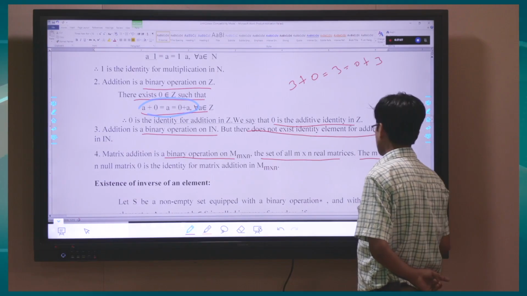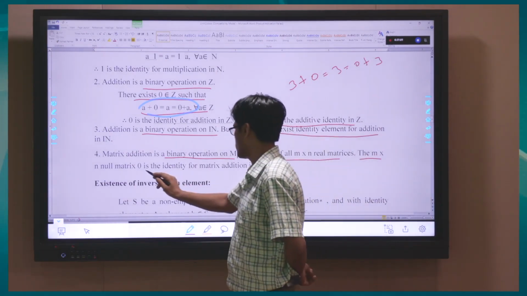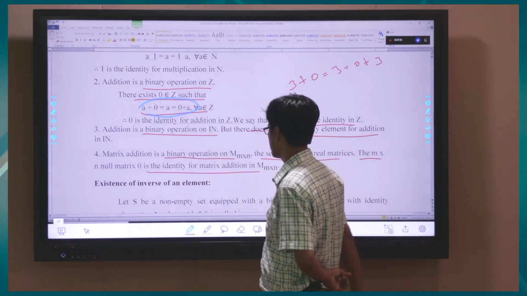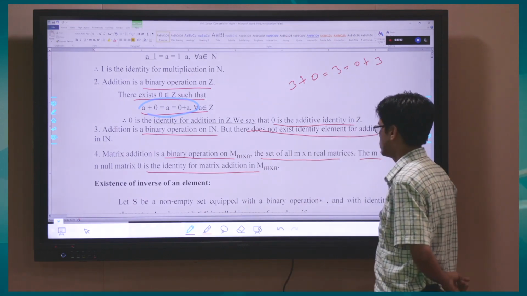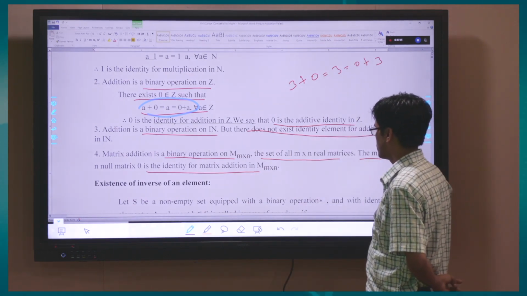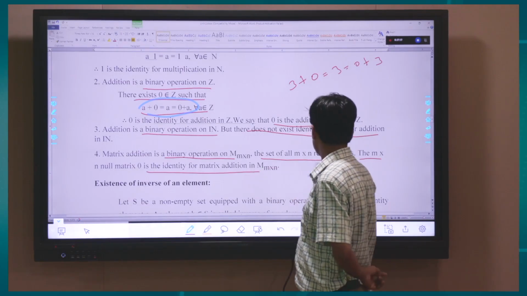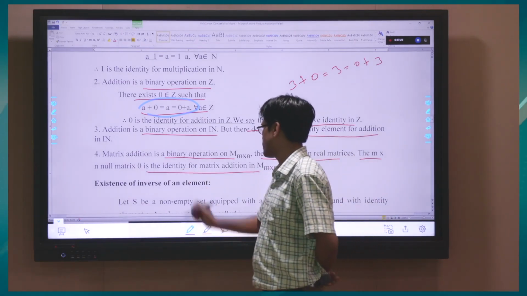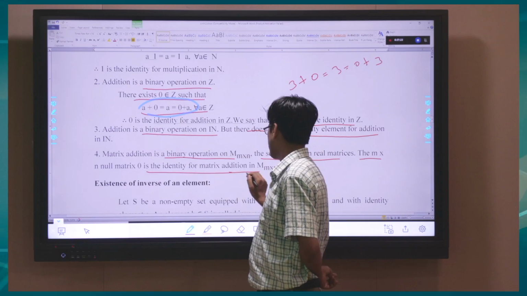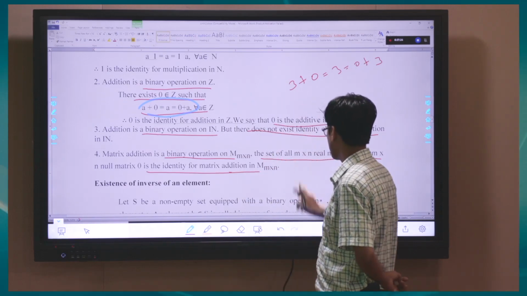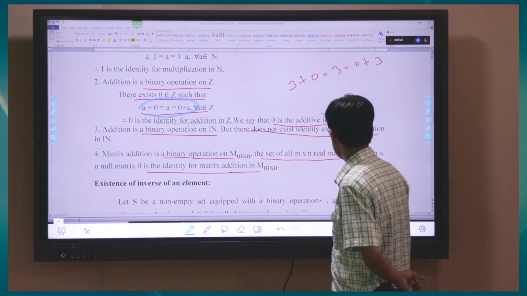The m cross n null matrix 0 is the identity element for matrix addition on this set M of all m cross n real matrices.